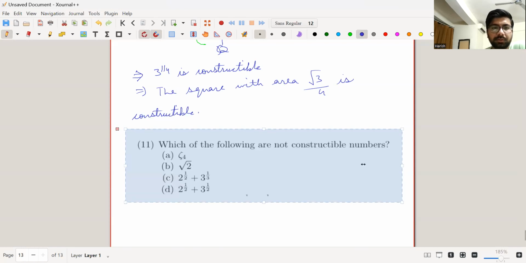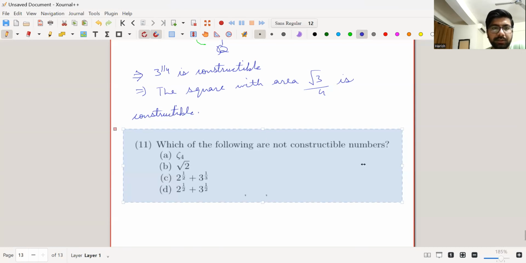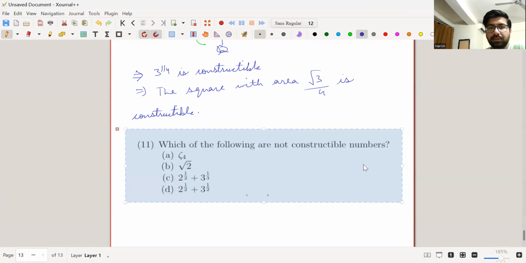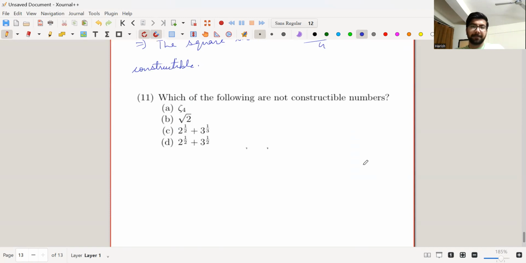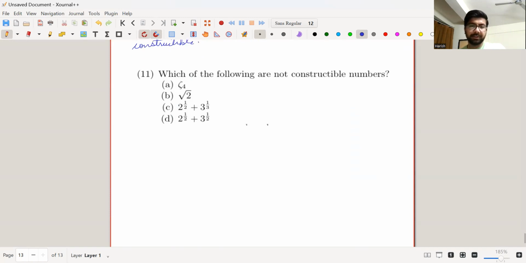So C4 we have already seen. So C4 is an imaginary number.